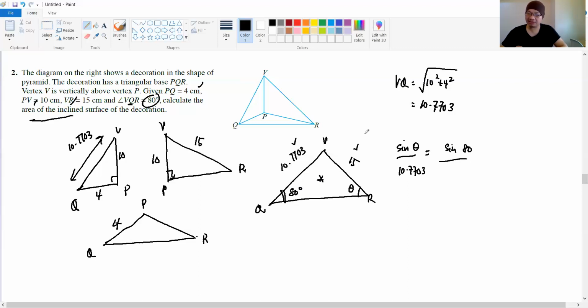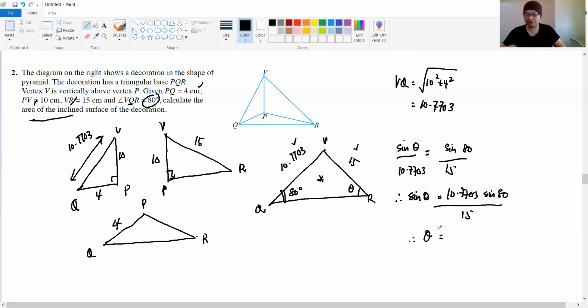over 15. Okay, if you have a problem with sine, please refer to the previous lesson. Sine theta must become the subject here. So sine theta equals 10.7703 sine 80 over 15.